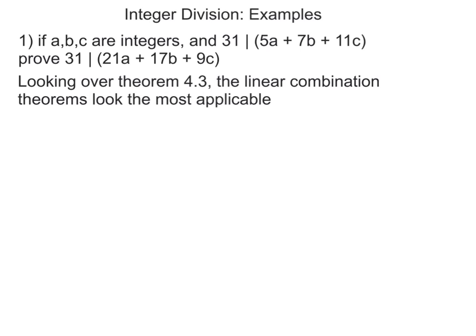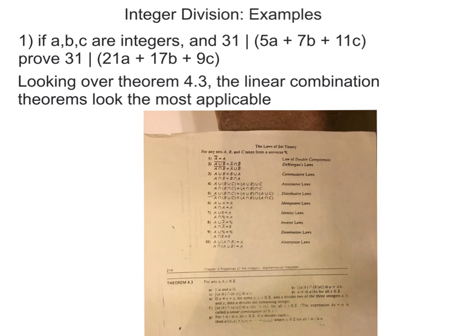If you look at parts F and G, they deal with linear combinations. And since our problem here talks about linear combinations of a, b, and c, we're going to look at theorem 4.3 part G. So theorem 4.3G is right over here, and it says for i between 1 through n, let c sub i be integers.